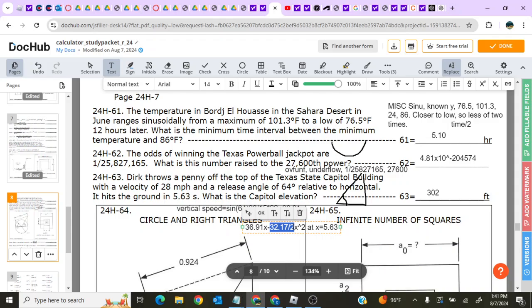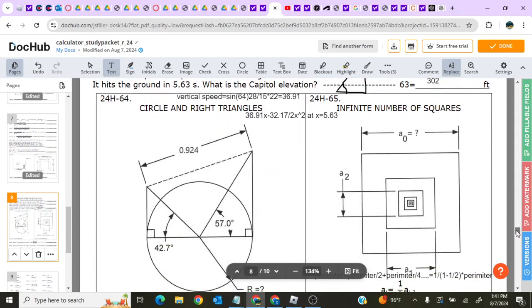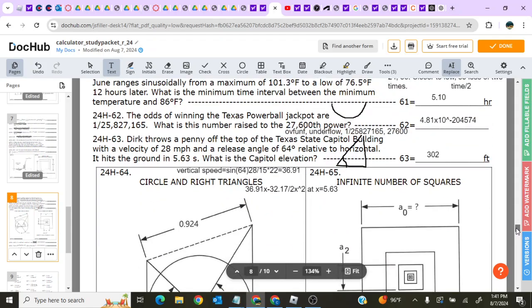Divided by 2, multiplied by x squared, with x being 5.63. Do that and look for y at this time period you're given. You'll get negative 302, which clearly shows that the Capitol is 302 feet tall.